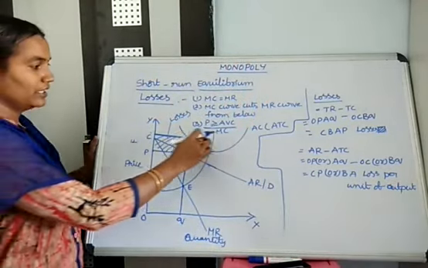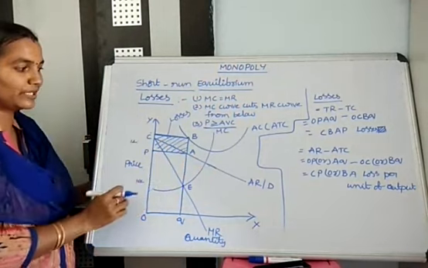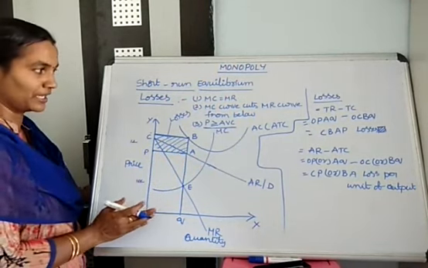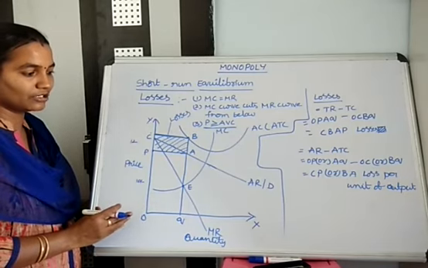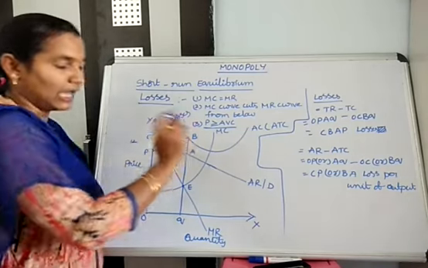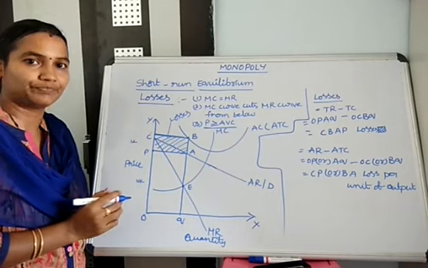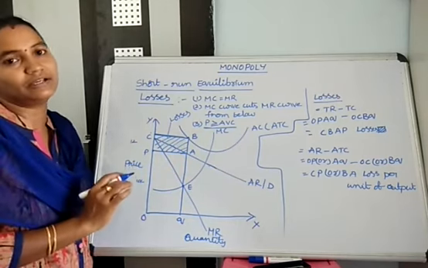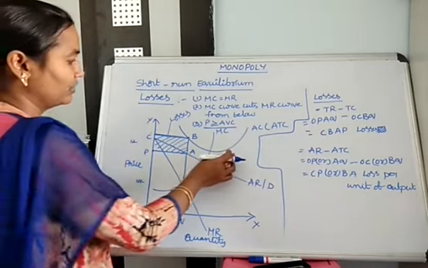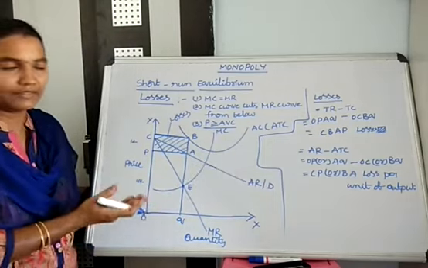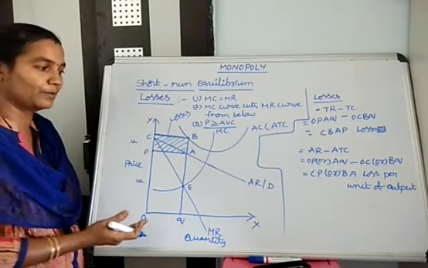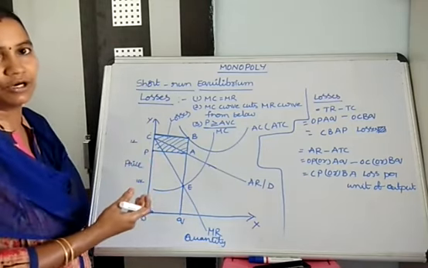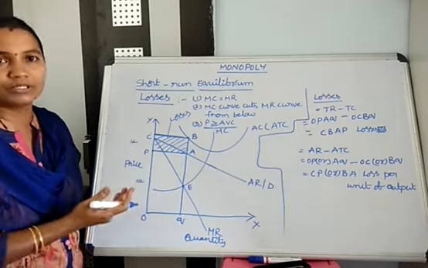So here we use the third condition, because the main reason is there will be a chance of getting losses in the short run. So how do we analyze losses? If we take the average variable cost curve, then also we can easily find out. Otherwise, if they are not given any average variable cost but only AC and MC curves, then we analyze the equilibrium output and price of the commodity, and the revenue and the cost.